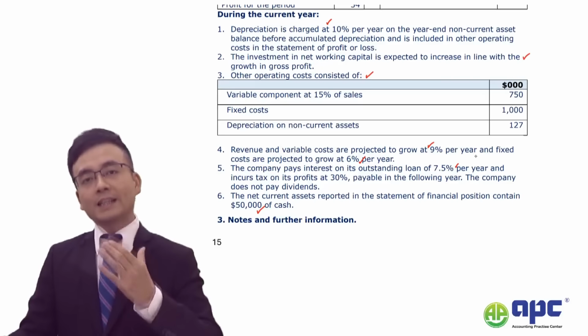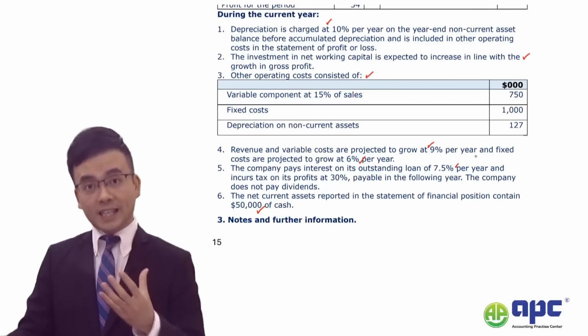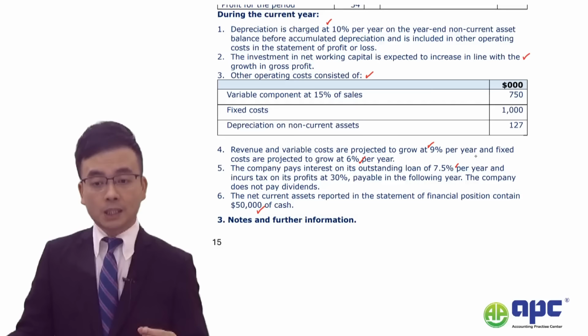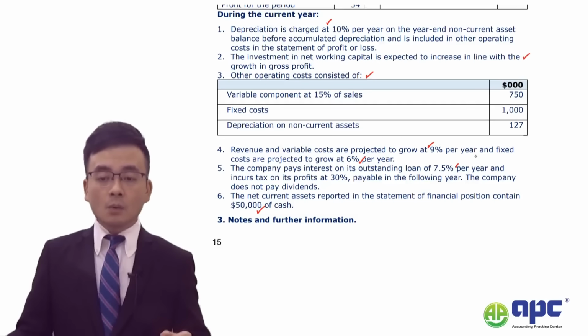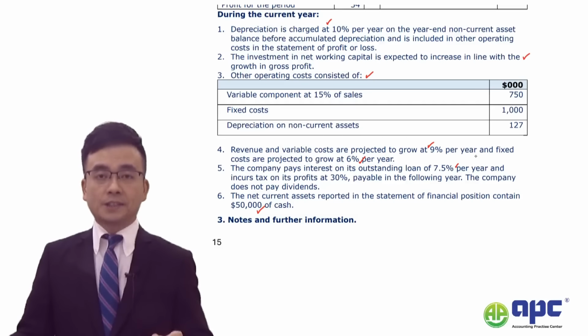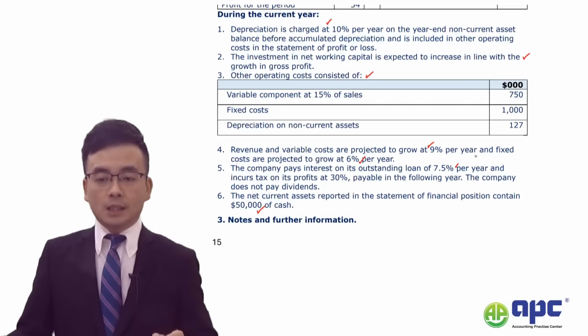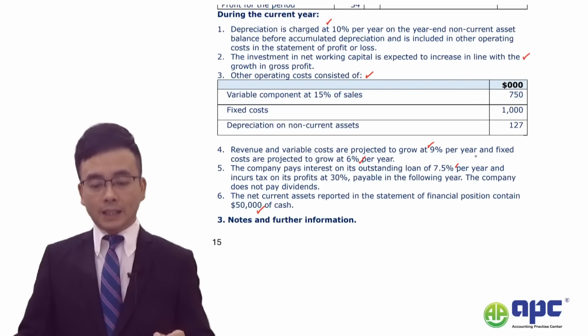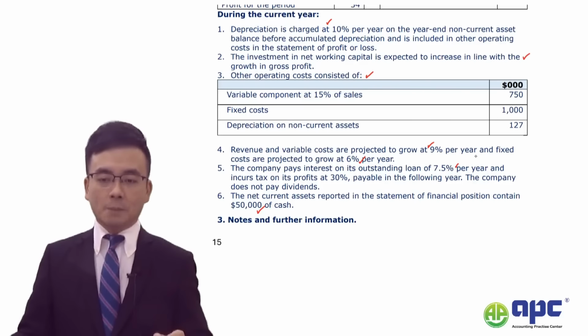So that's why later on when we adjust the working capital stuff, we may be getting rid of the 50,000 because we are assuming the net current assets could be used. Okay, so of course the examiner's report make that clear that you don't really have to subtract that 50,000. You can also get the same mark.